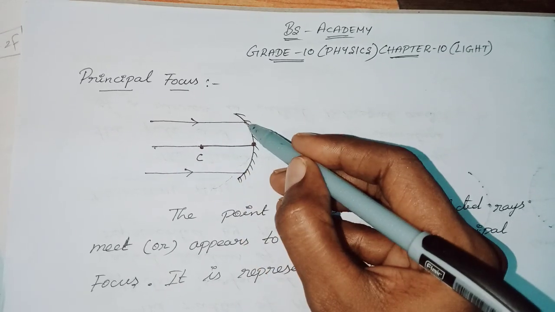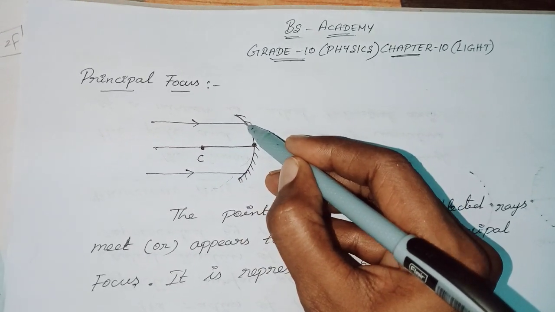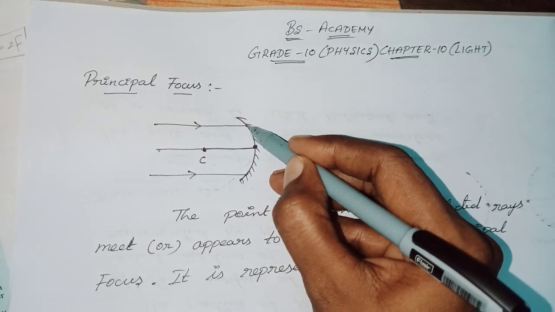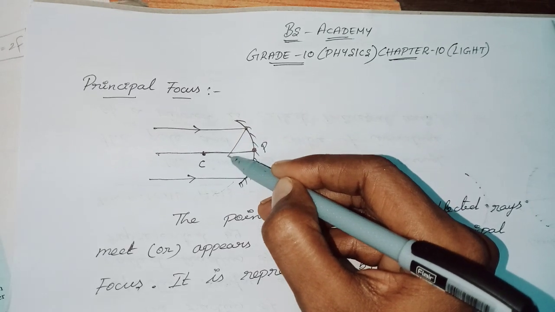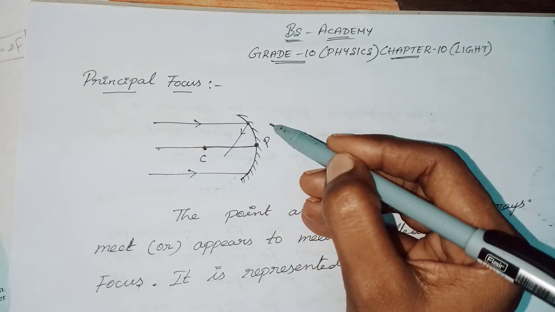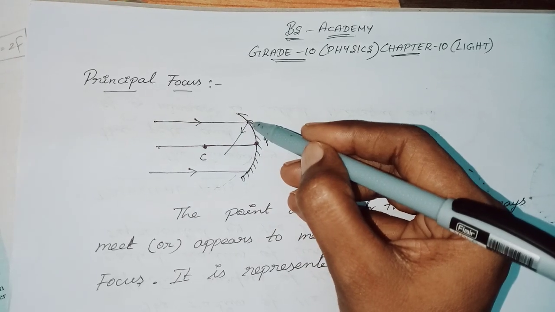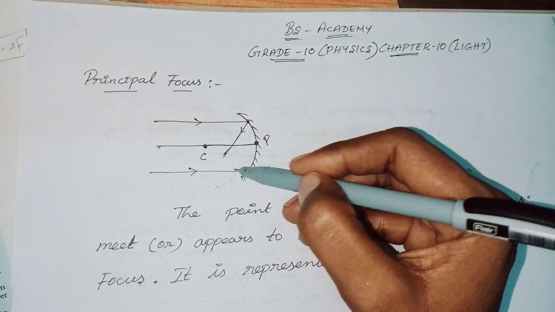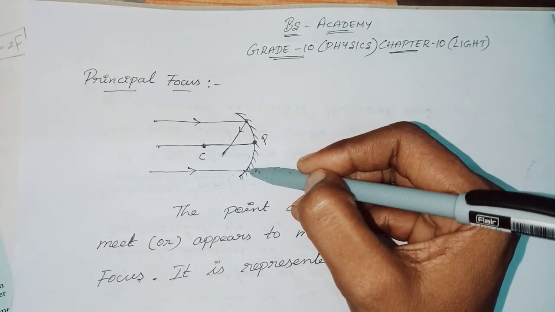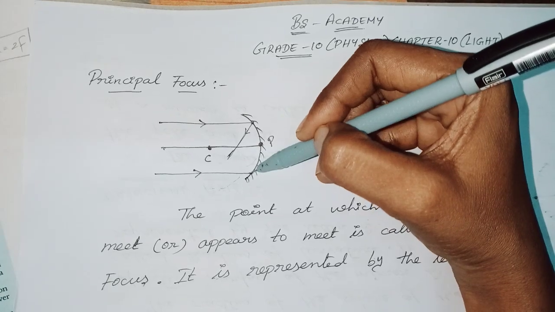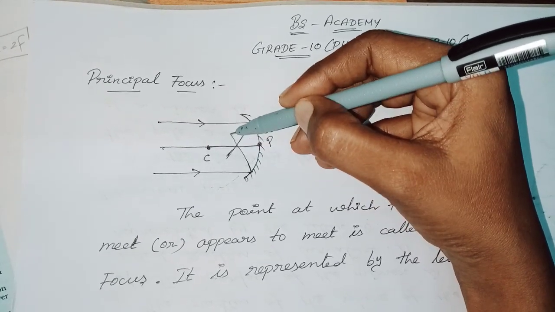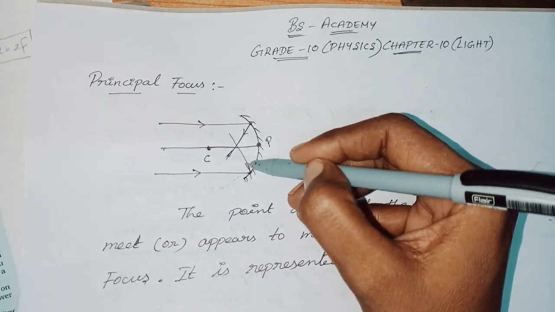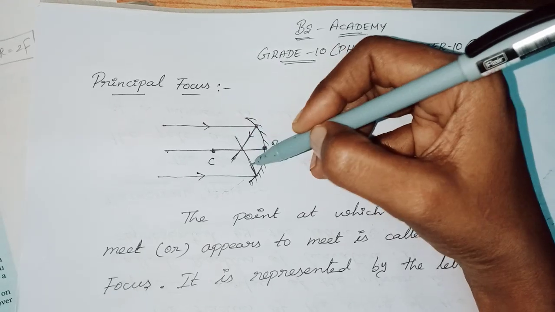After it gets reflected, it passes through a particular point, like this. So this is the reflected ray. The same way, consider another incident ray, incident over here. It gets reflected like this. So this is one reflected ray, and this is another reflected ray.